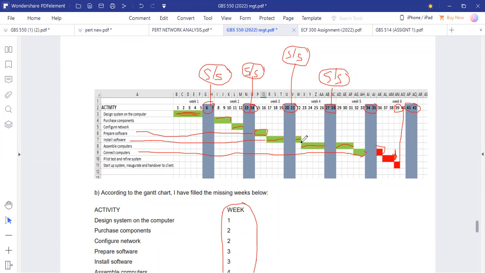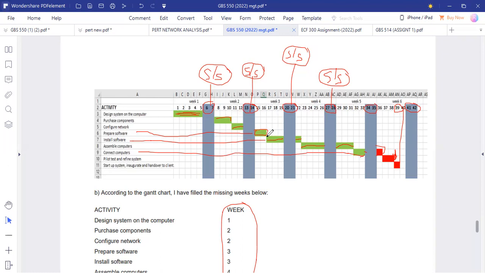So you can say design system on the computer is completed within week 1. Then purchase components completed in week 2. Then configure network is completed also in week 2. Prepare software is completed in week 3.